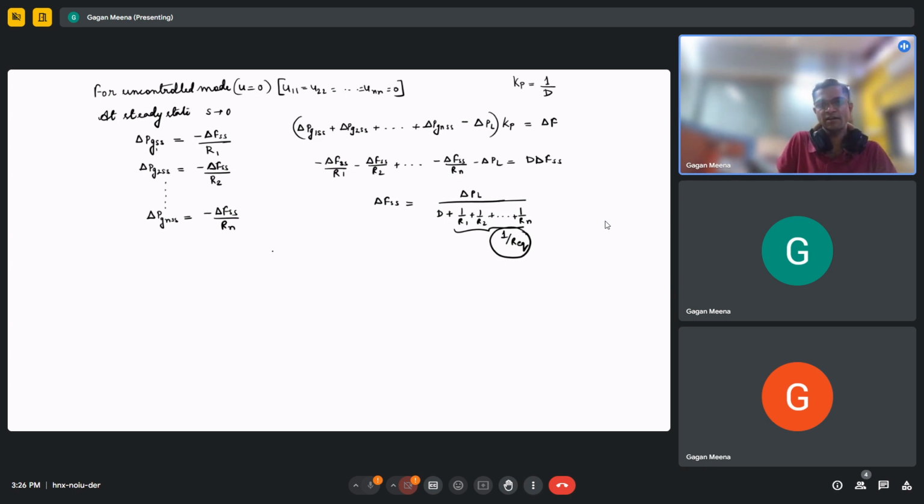So we can write delta F is equal to minus delta PL divided by D plus 1 by R EQ, where R EQ is this.